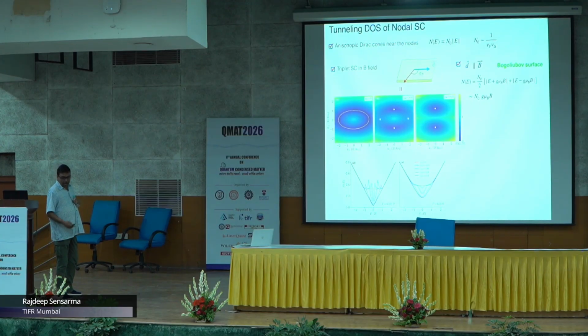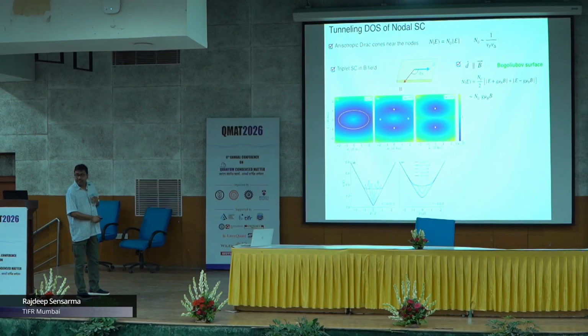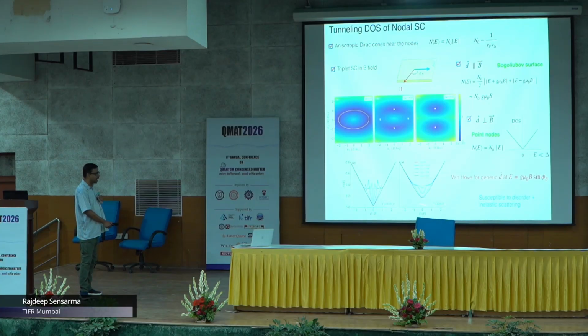But the point being, this is a weak Zeeman field answer, so these scales are very low. For realistic systems, what we have done is put different broadening, and if you have reasonable scattering, you may not be seeing this, but you will definitely see that it starts filling up as a function of direction.